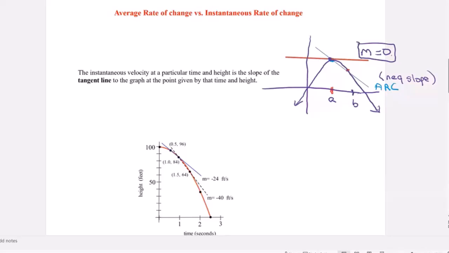So how would we find it? Well, we could keep moving this point right here closer and closer and closer. And eventually we could say it's so close that they're almost the same point. And that's how we can find our instantaneous rate of change, or our instantaneous velocity. Okay?